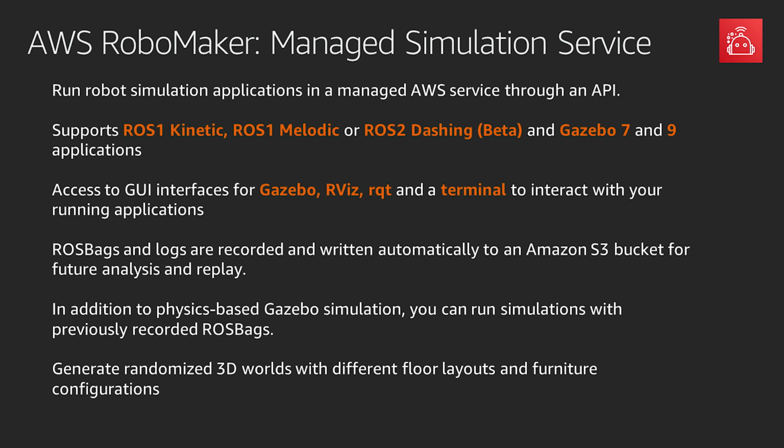With a single click, you can open GUI interfaces for the Gazebo client, as well as common ROS development tools like RViz, RQT, and access to a terminal to interact with the running applications. All the logs, including ROS bags, are automatically recorded and written to S3 for further processing and replay. In addition to a physics-based Gazebo simulation, you can also run simulations with previously recorded ROS bags.